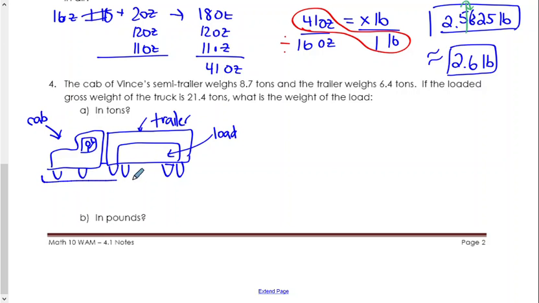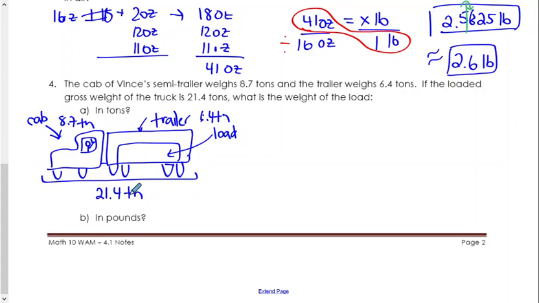Now, let's say he goes to a weigh station and they weigh what everything weighs together, and we know that that is 21.4 tons. We know the cab weighs 8.7 tons, and we know the trailer weighs 6.4 tons. So how much is the load?